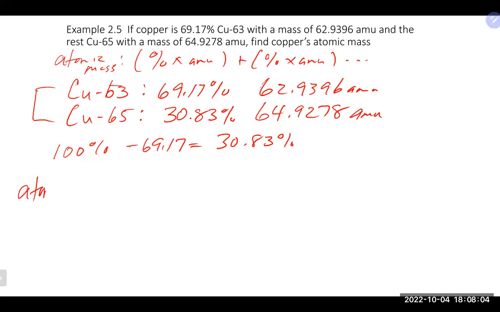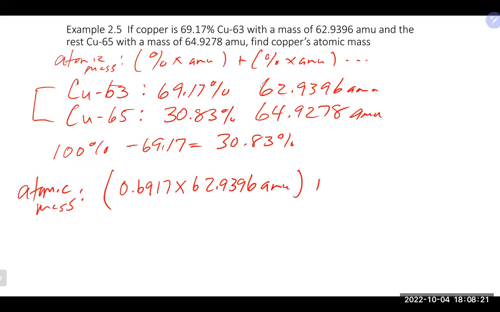The atomic mass is going to be our first isotope. We do need to convert our percentage into a decimal, so you divide by 100, just move the decimal a couple places to the left, and multiply it by the 62.9396 AMU, plus our other percentage, also moving the decimal over to convert it into a decimal instead of a percentage, times 64.9278 AMU.